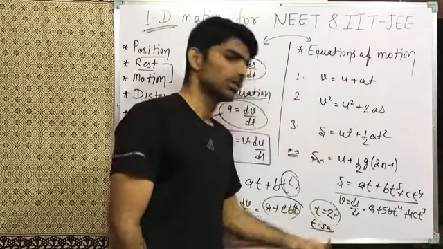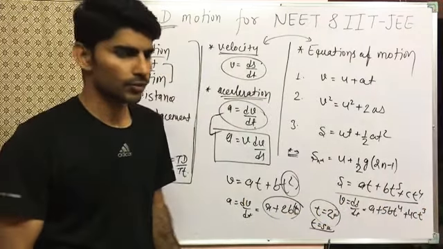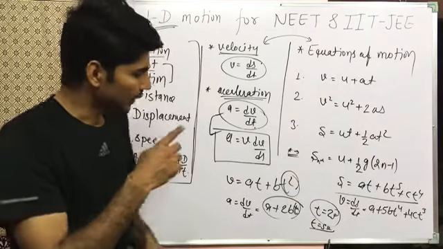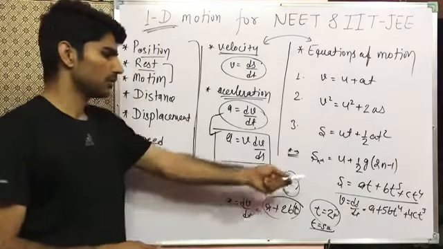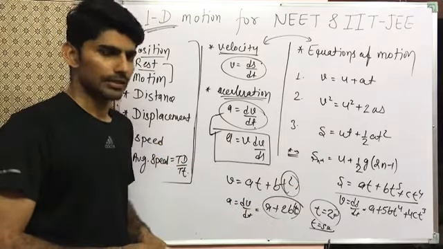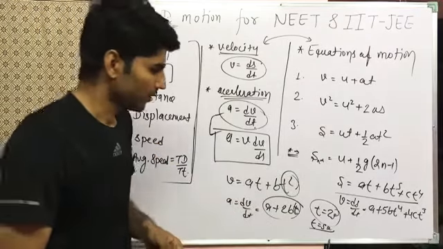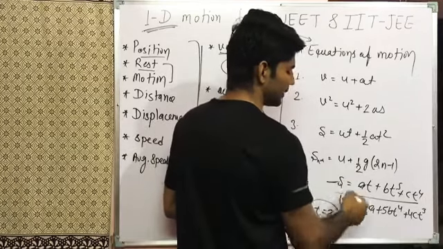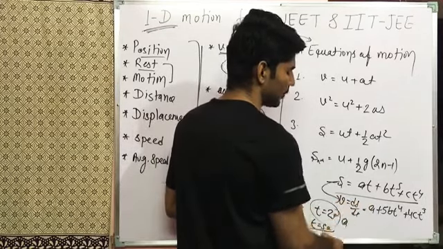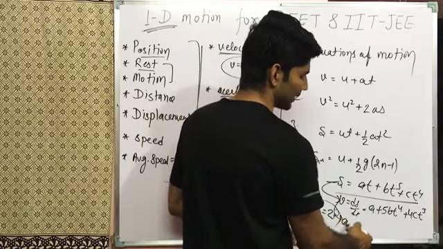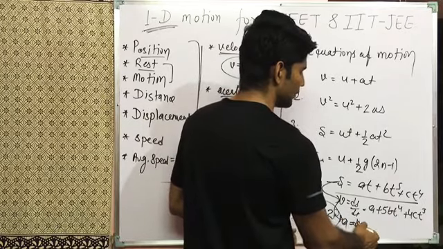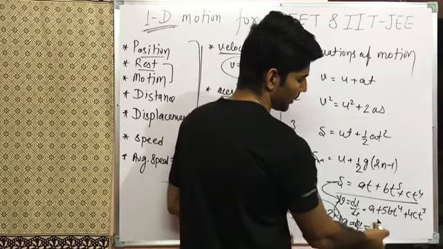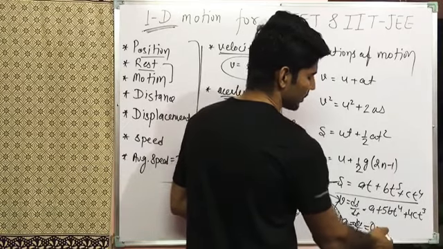So this is the velocity, and if you are asked to tell the velocity at any instant, like if you are given t equals 5 seconds, then you put in the value of t as 5 and you will get the velocity. And if you are asked for the acceleration, you first get the velocity, and from the velocity you can get the acceleration, which is dv by dt. The value of dv by dt: a is constant, so it becomes 0.